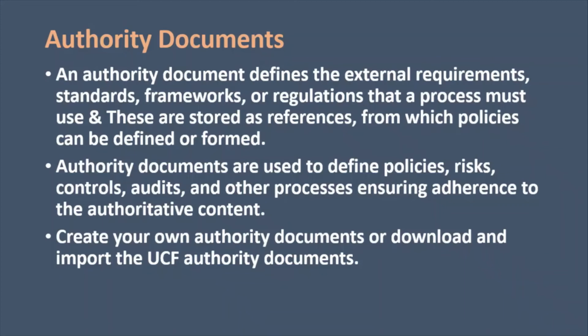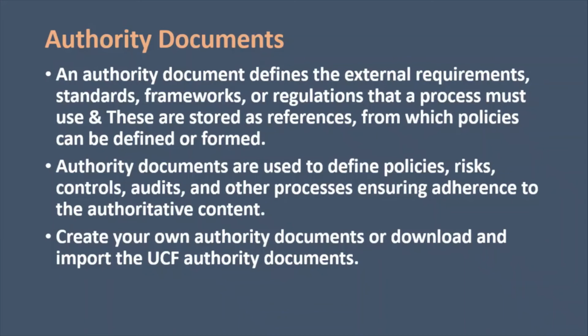Always remember that policy is based on the organization's internal goals and objectives, and authority documents define the external requirement, standard, framework, or regulation that has to be used. Authority documents are used to define policies, risk controls, audits, and other processes, ensuring adherence to authoritative content.